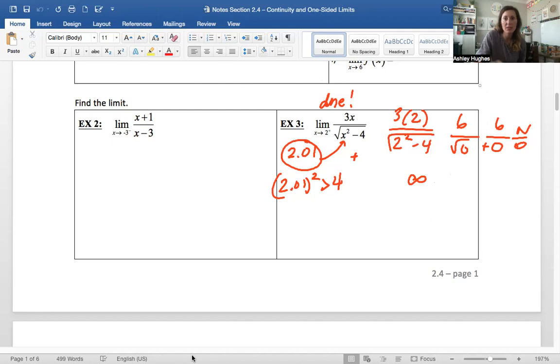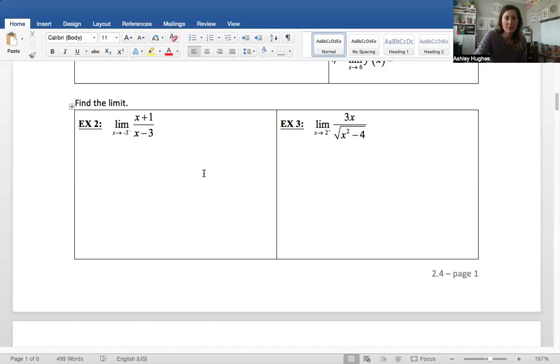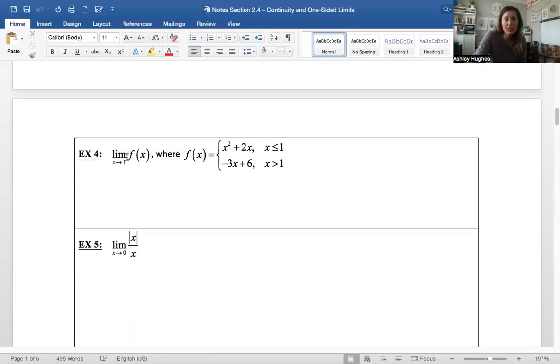And then let's keep going. Okay. This one is a piecewise function. So it looks like a parabola when we're less than 1 and a line when you're greater than 1. And it wants to know the limit at x equals 1.